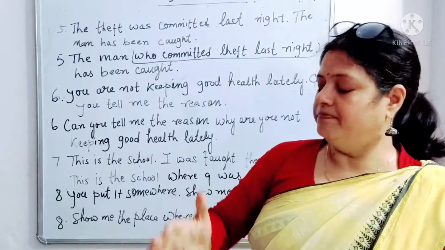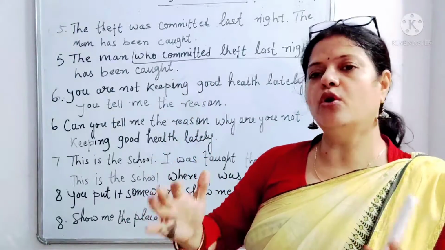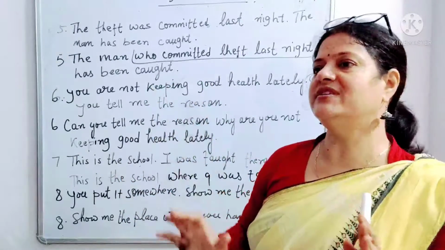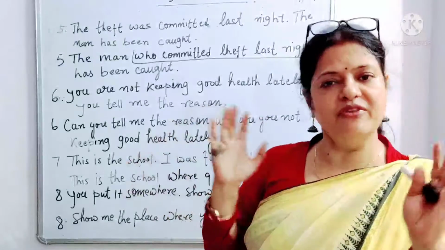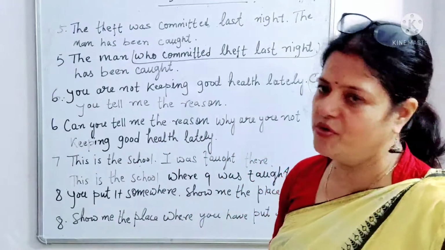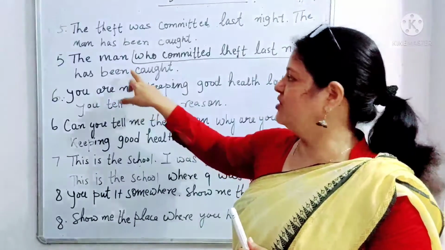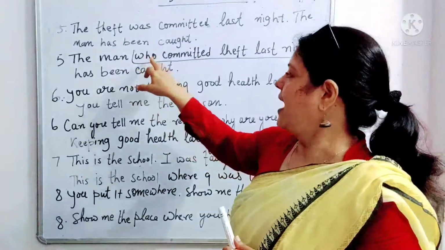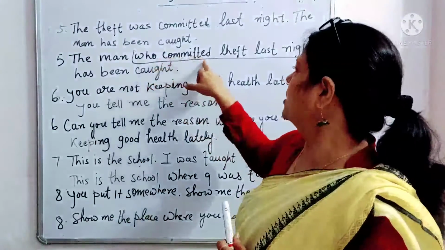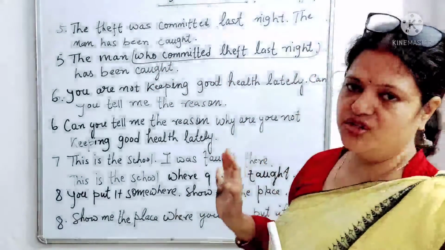But if the noun in the principal clause comes at the end of the sentence, then we don't need to divide the principal clause into two halves. Okay, so the man has been caught is the principal clause, and the subordinate clause is who committed theft last night.